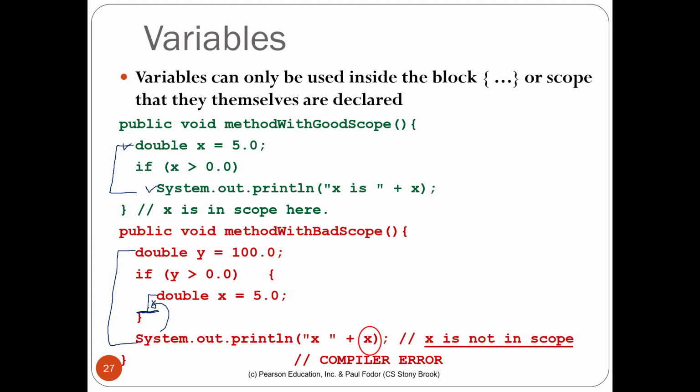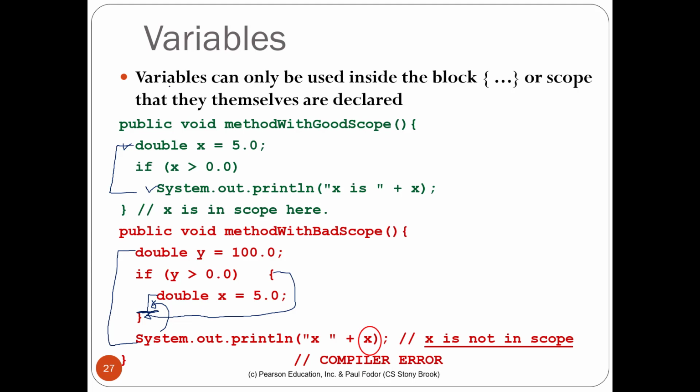The very moment you come out of the if block, the scope of x is finished. x is only accessible in this if block, because that's where you have declared the x variable. Outside the if block you cannot access x because x has a scope which is the if block.